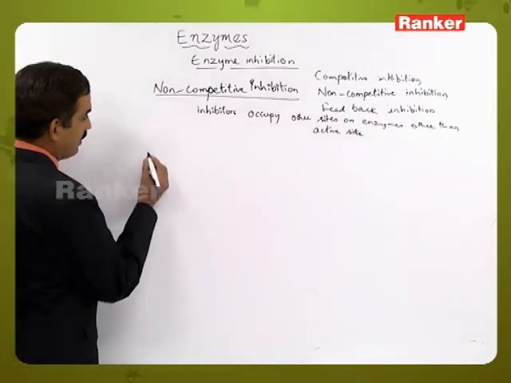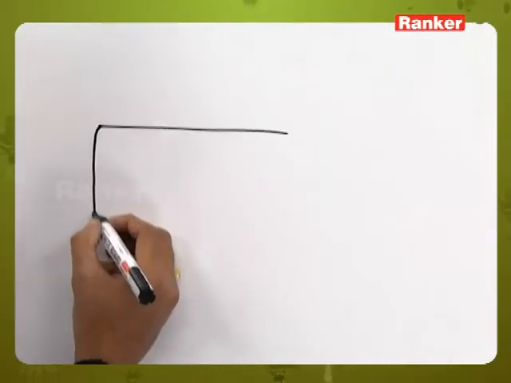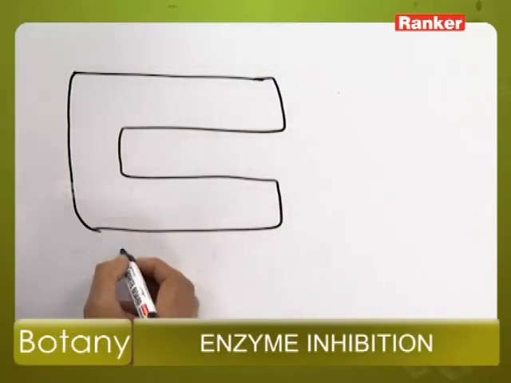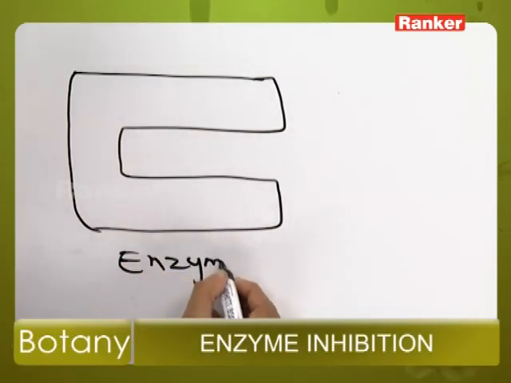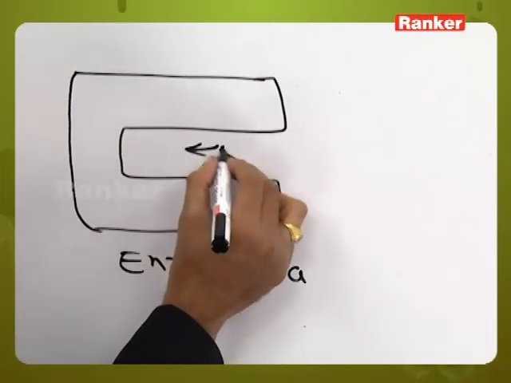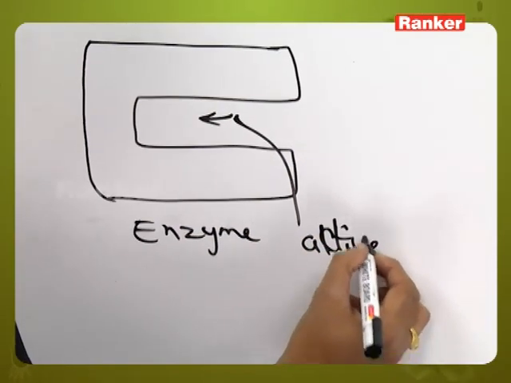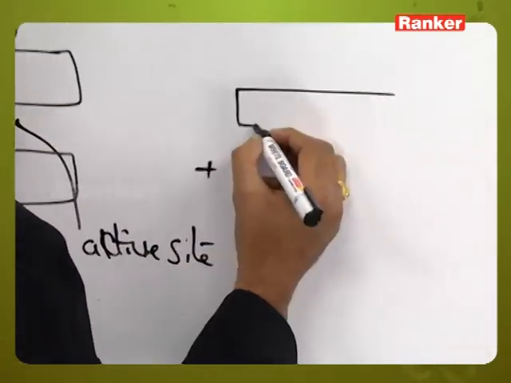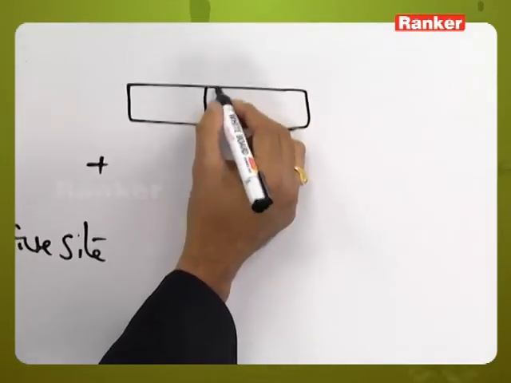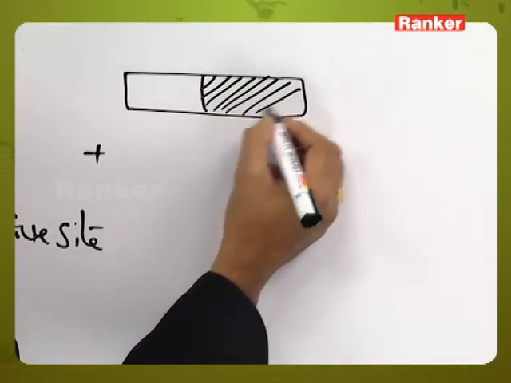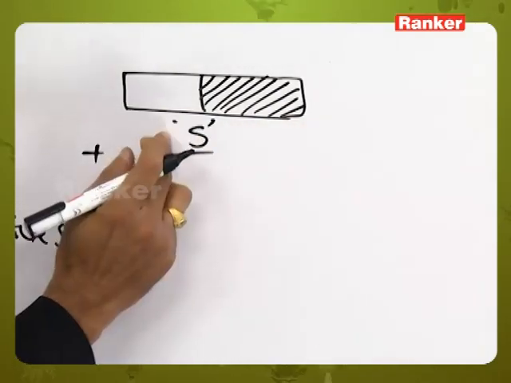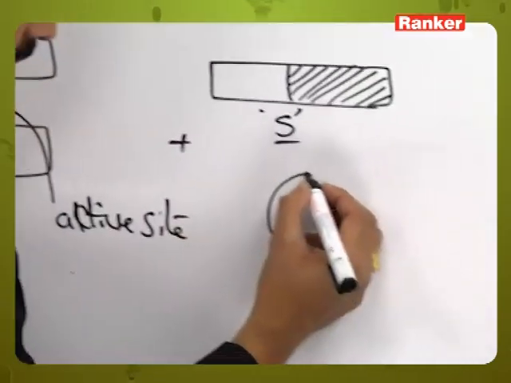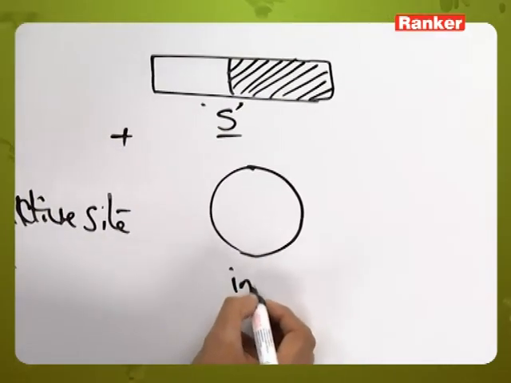So let us take here, this is an enzyme molecule with this as the active site, and this is the actual substrate molecule, where the structure of the substrate is exactly similar to that of the active site, and at the same time the non-competitive inhibitor.